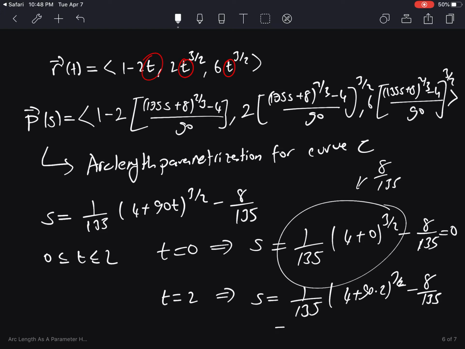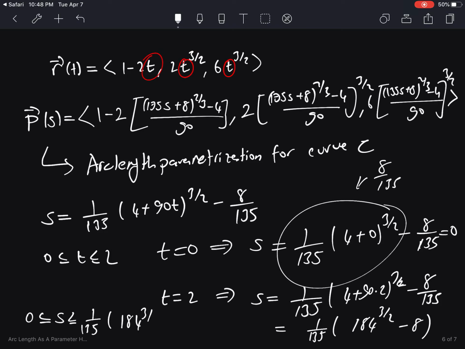So it is just 1 over 135 times (184 to the 3 over 2 minus 8). This is the upper boundary for s, so s is changing from 0 to this quantity here.